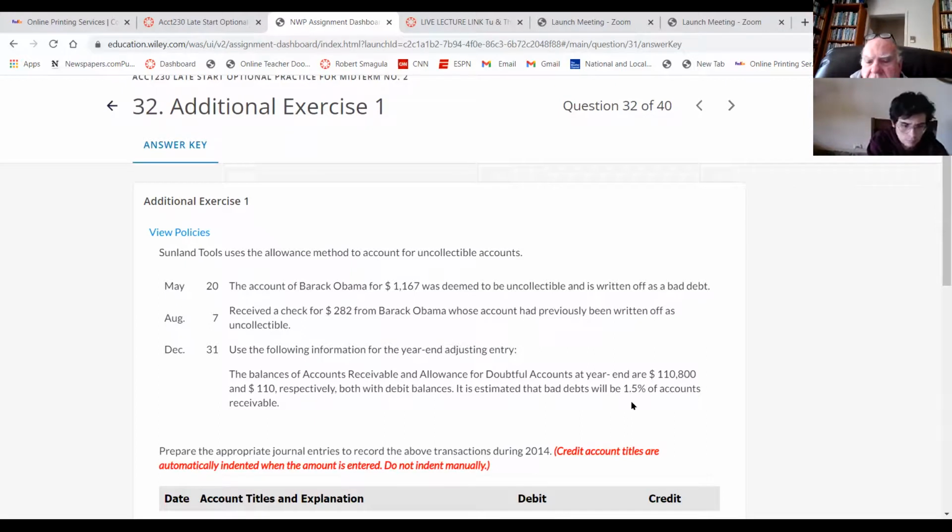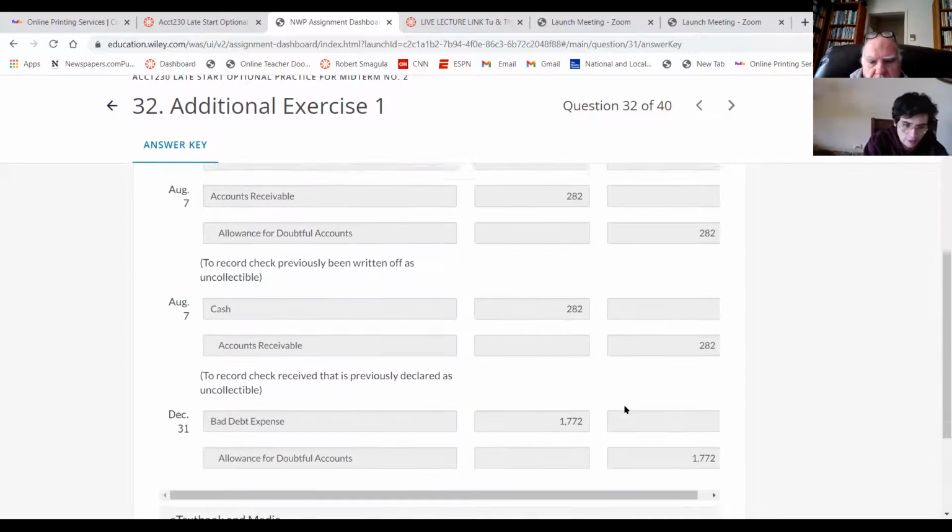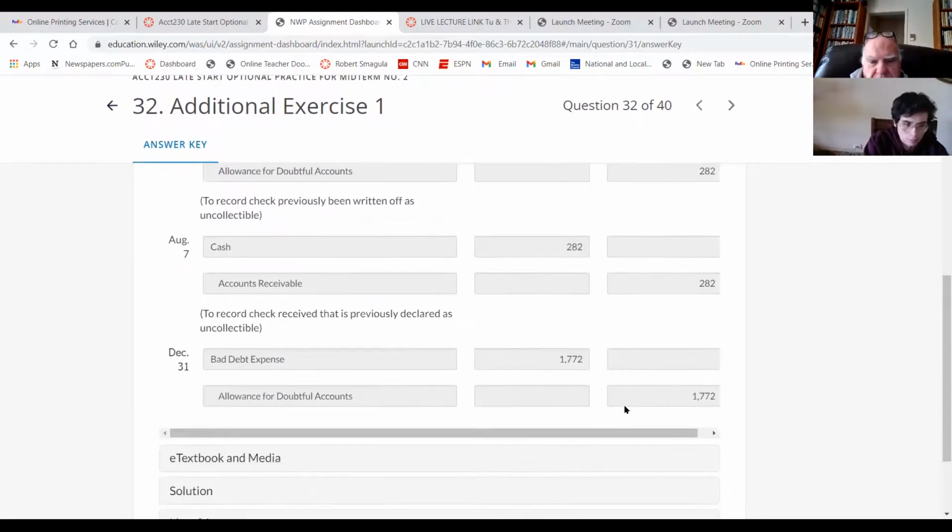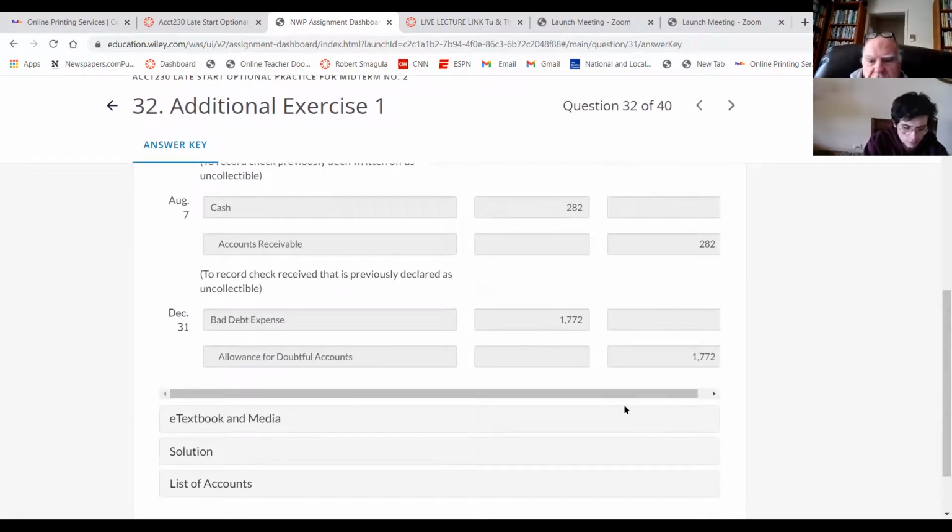You want to do your calculator real quick? 110,800 times 0.015 is 1,662, plus the 110 debit balance. Should get 1,772. Yes. There's your answer.